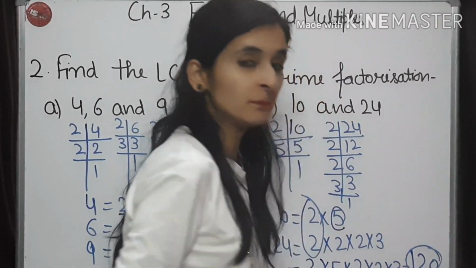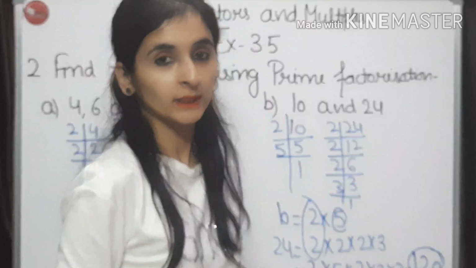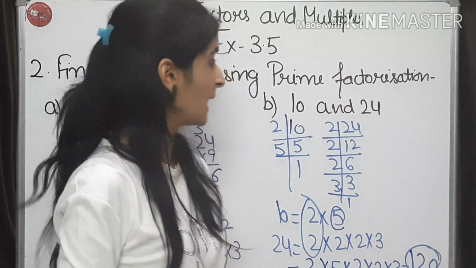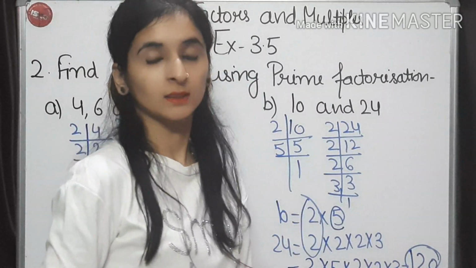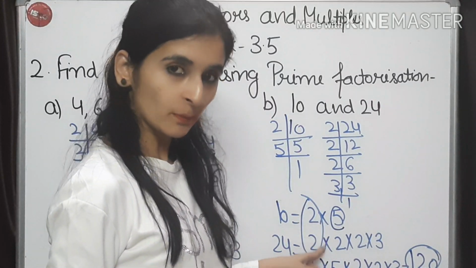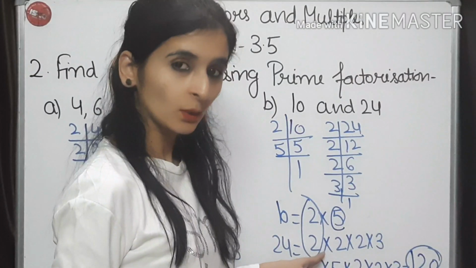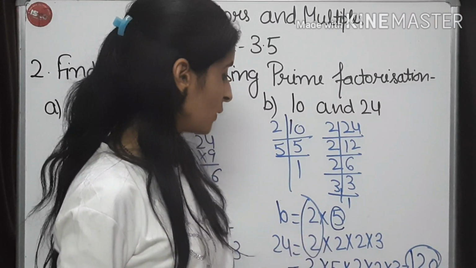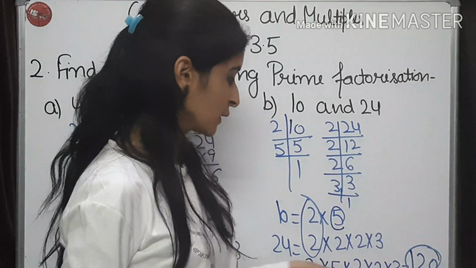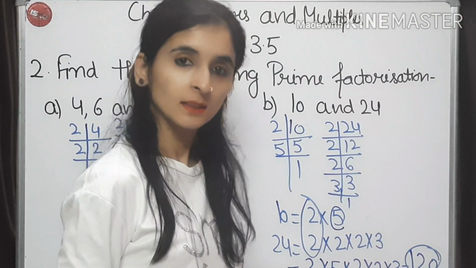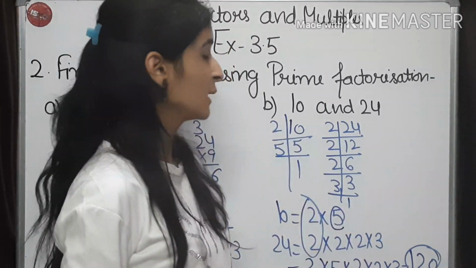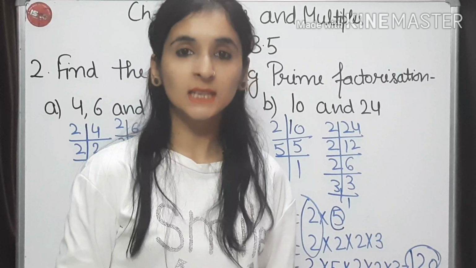So the least common multiple is 120. Okay, so that is how we have to find the LCM by prime factorization. This is the common prime factor, and then we will find the product of the common prime factor and the product of the remaining prime factors. Fine. So this was about finding LCM by prime factorization.